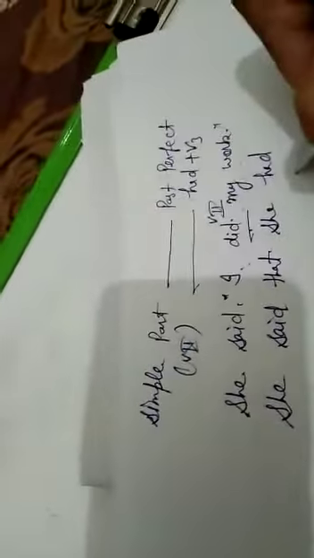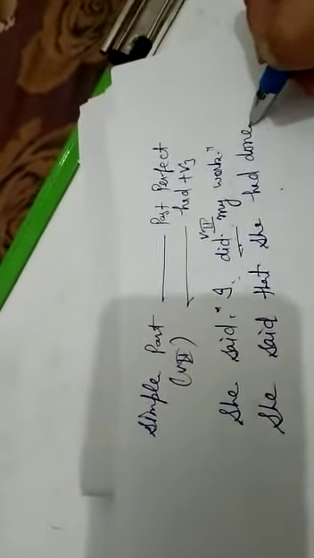So when I convert, she said that she, because she was the speaker, was referring to herself as I. So did changes into had plus third form because the second form was there. The second form is did, which changes into had plus third form. Had, do, third form is done. She had done her work, because her work she was doing.